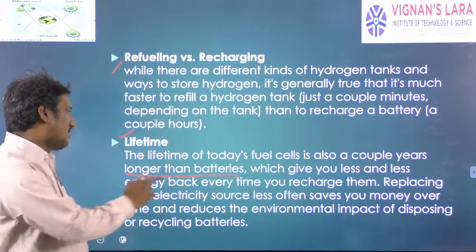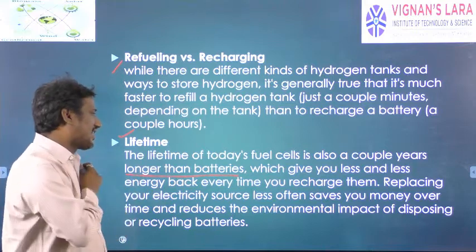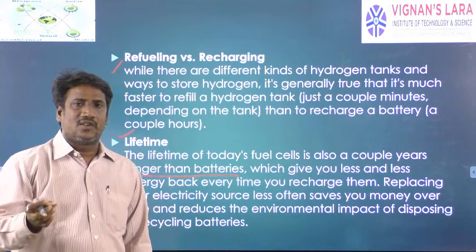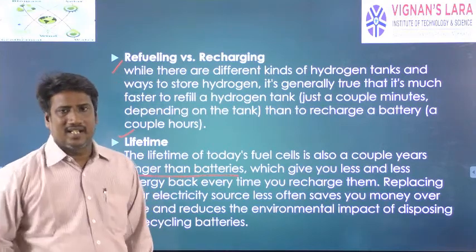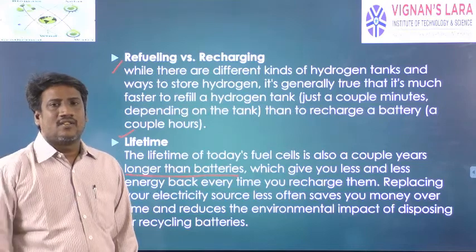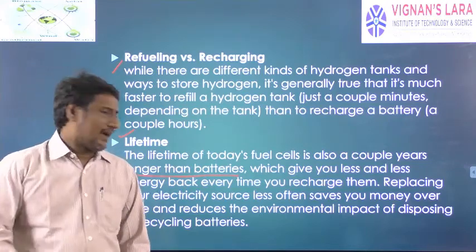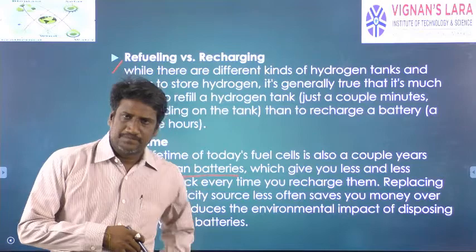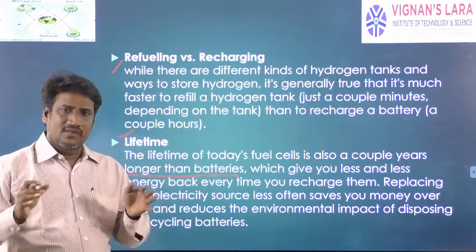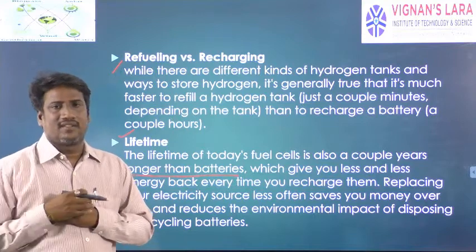Batteries also give less and less energy back every time you recharge them. Even if you store 100%, you have to rectify it, and only then give it to the appliances. For example, let us say I am storing 100 watts in the battery, but it is stored as DC. The DC has to be converted to AC.